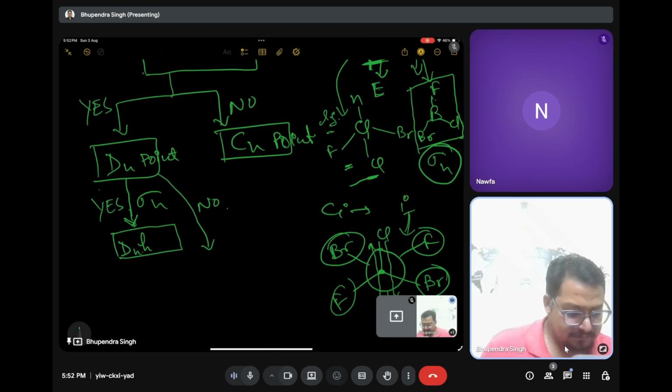Then we will look for sigma d. We will look for sigma d.